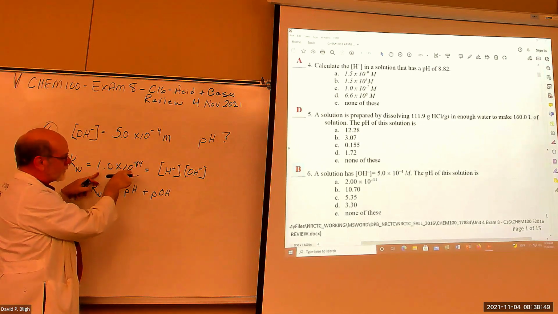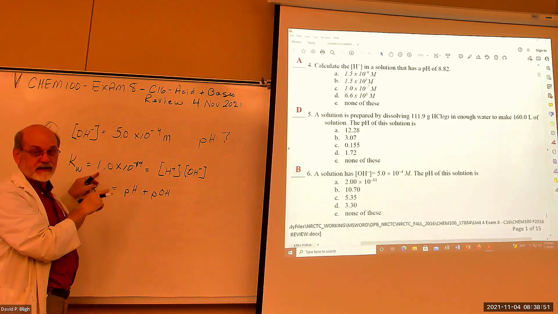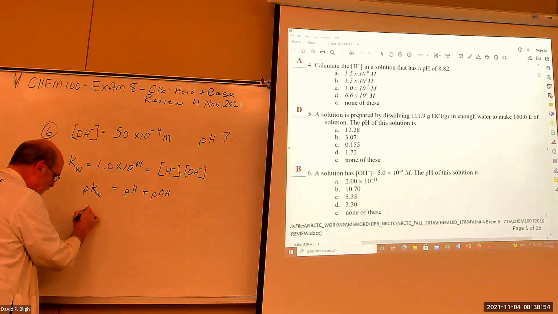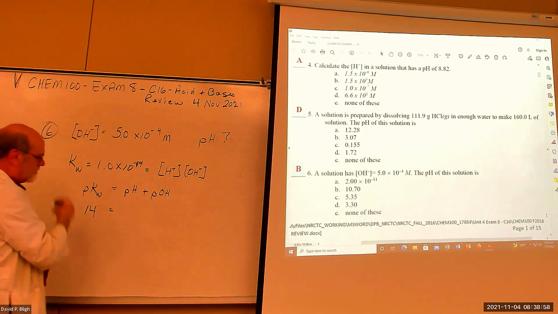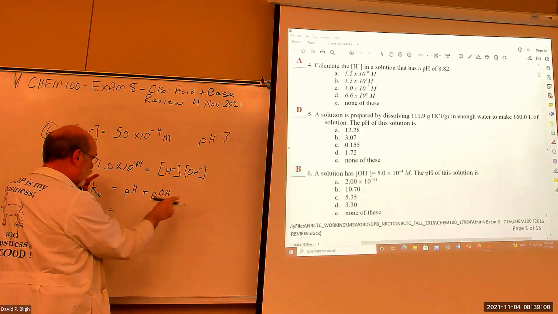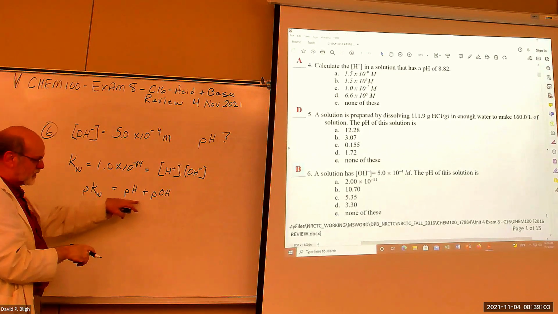10 to the minus 14 will be minus 14, change the sign. So this value is 14, pKw. And this is whatever it is, right? pH plus pOH.